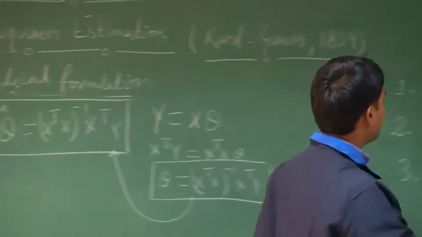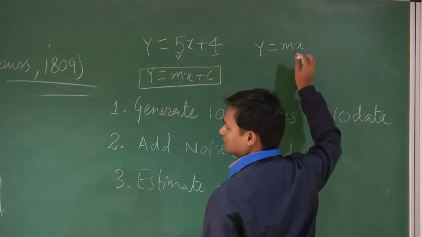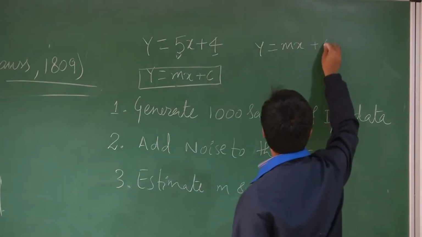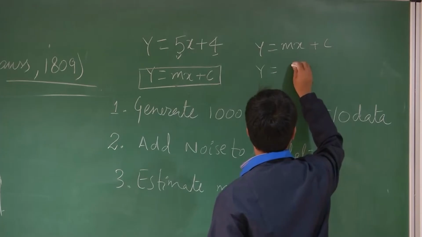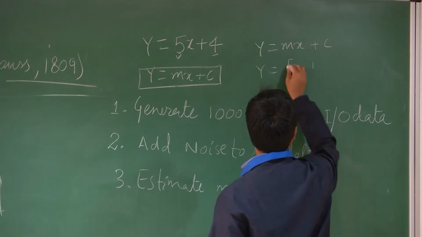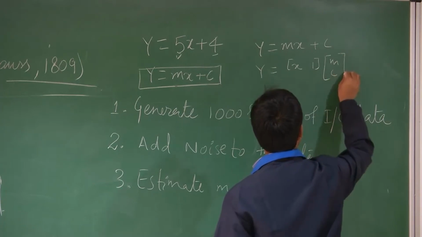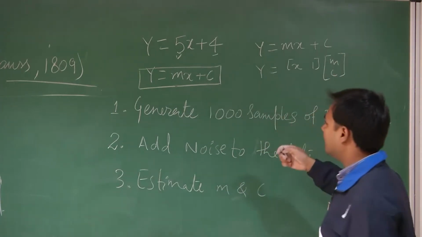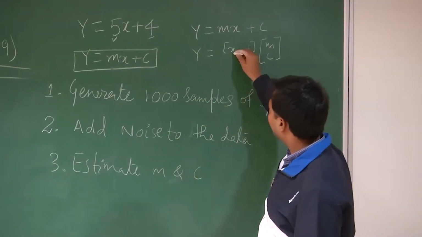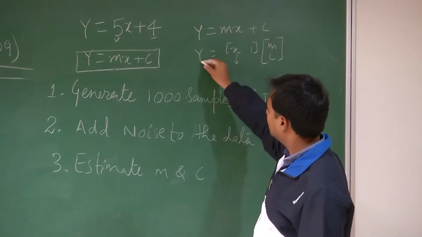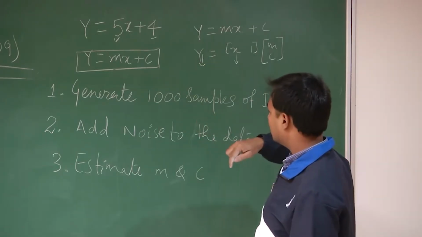If you see y equals mx plus c, you can also write y equals [x, 1] times [m, c]. For this problem, we will have these 1000 samples of data. You will definitely know x, and you have the corresponding output data y.